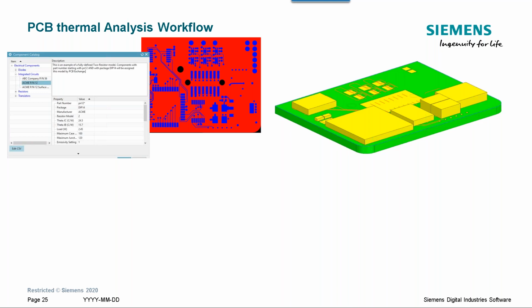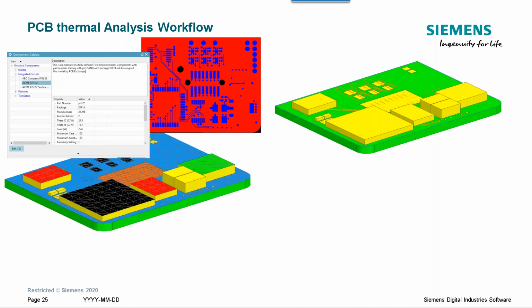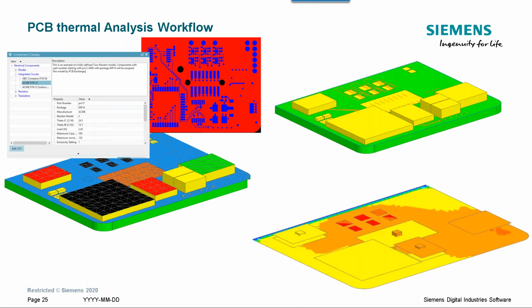We will then combine this information for both the component and the board to automatically generate a model through PCB Exchange. PCB Exchange will mesh the board and the components, as well as apply the material properties and the boundary conditions specified in our board thermal conductivity file and in our component thermal catalog. We will then be able to run the analysis, get temperature results for all the layers of the board, as well as for every component.